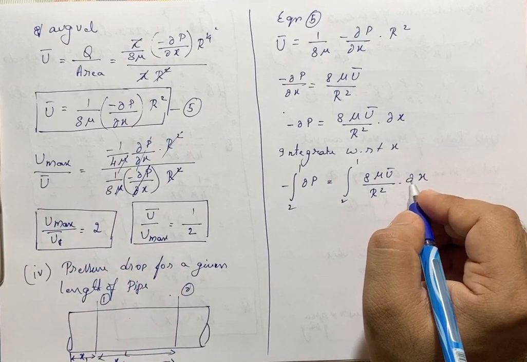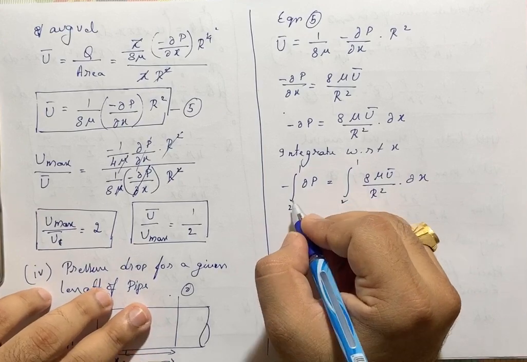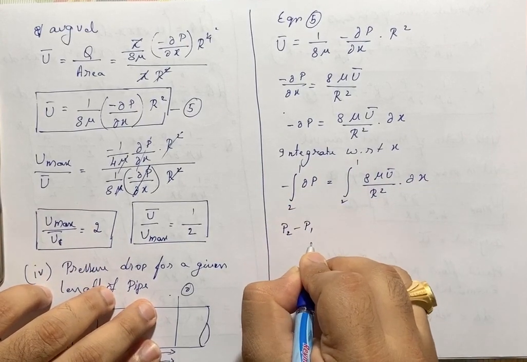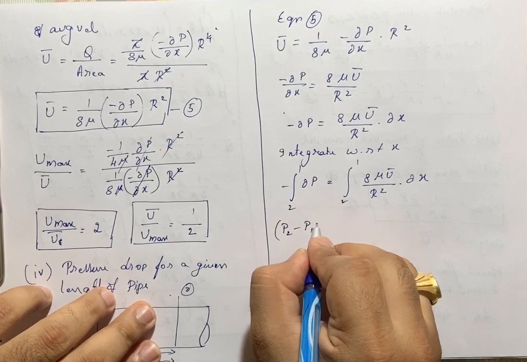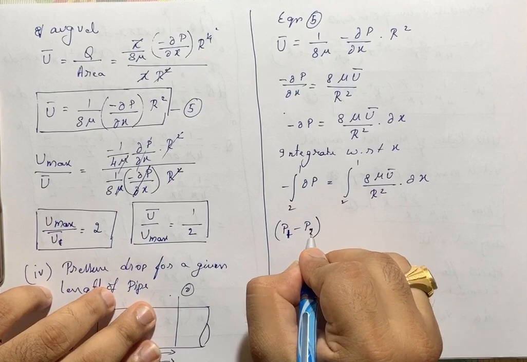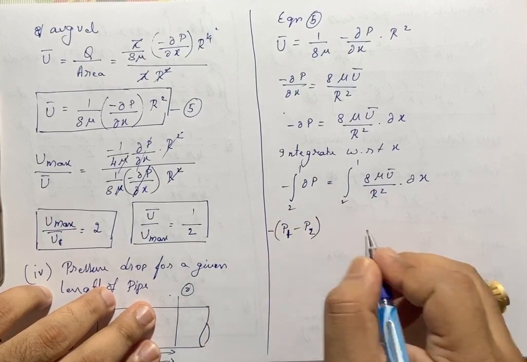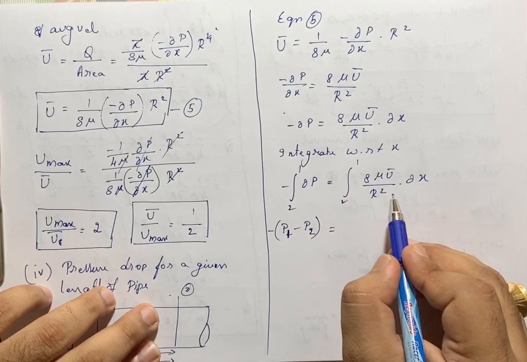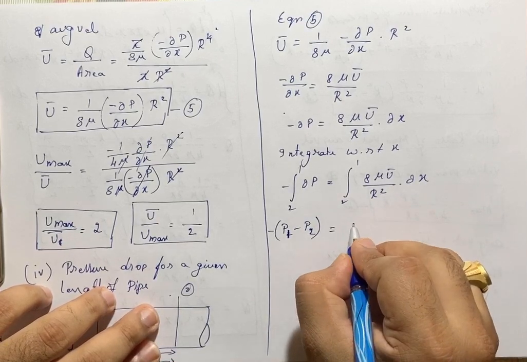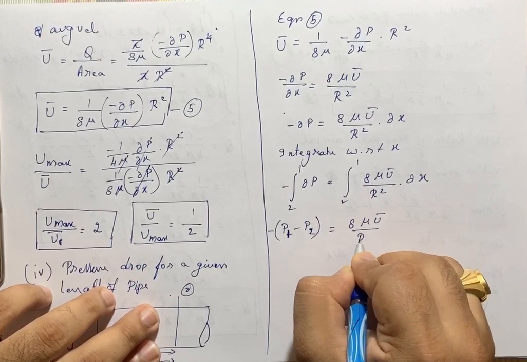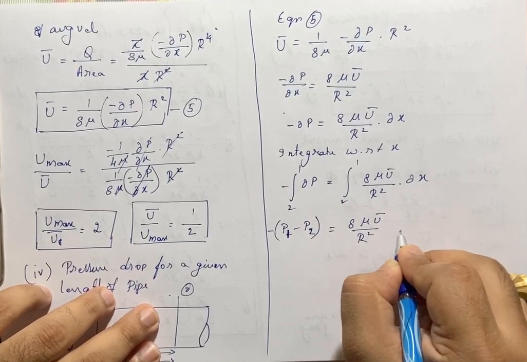Now the integration of dp will be p2 minus p1, upper limit minus lower limit, is equal to the integration of dx, where the complete term 8 mu u bar divided by r square is constant.